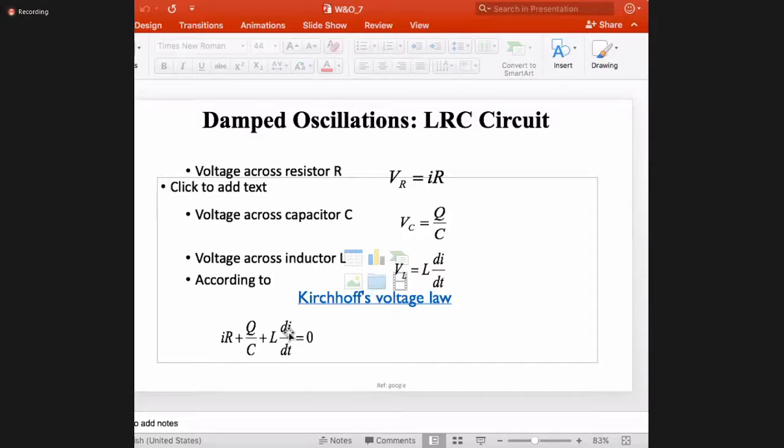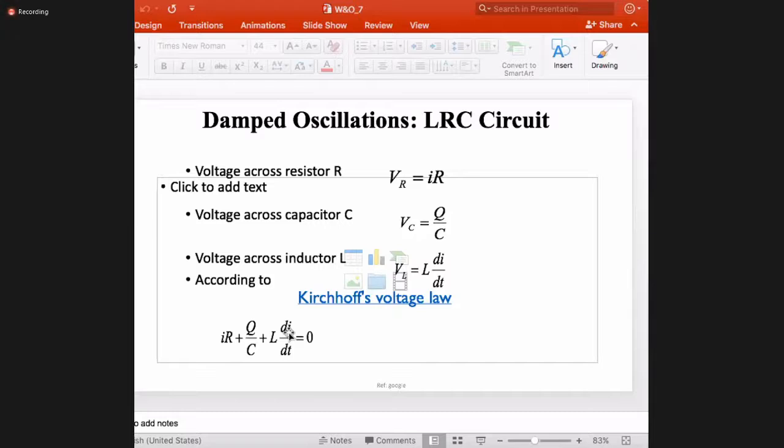If I put the value of I in the equation, the first term, I into R, becomes R dq by dt. The second term is Q by C, and the third term is L di by dt, which becomes L d square Q by dt square, equal to 0.